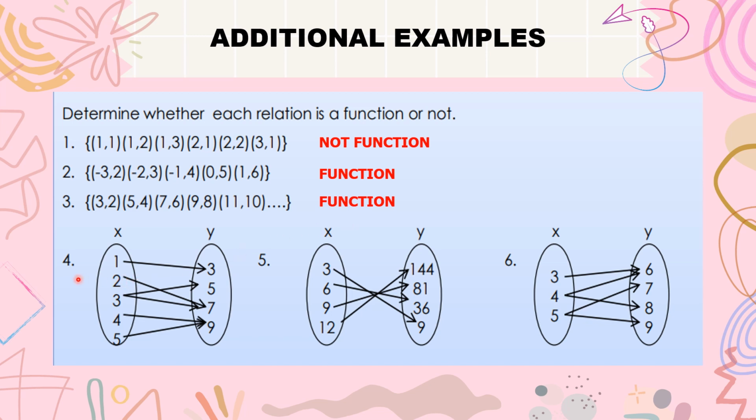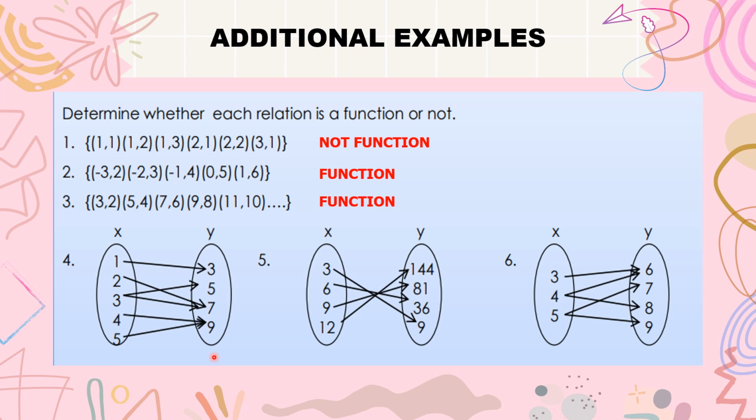For numbers 4 to 6, mapping diagram naman. So kapag mapping diagram ang given, function siya kapag ang mga x values natin ay minsan or isang beses lang mai-pair sa ating y values.